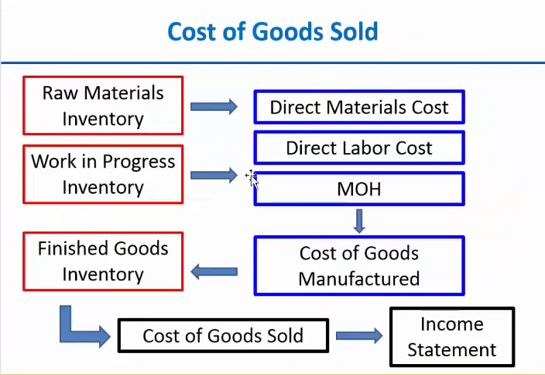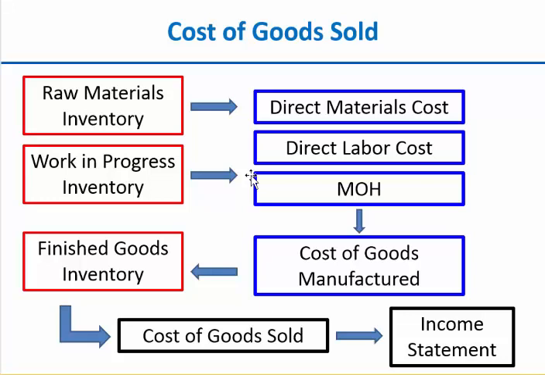First of all, you have a raw materials inventory. You put some raw materials in your manufacturing, in your production. These materials will be delivered to the factory, and the cost of the raw materials will flow into work in process inventory. You have a direct materials cost, direct labor cost, and also manufacturing overhead.